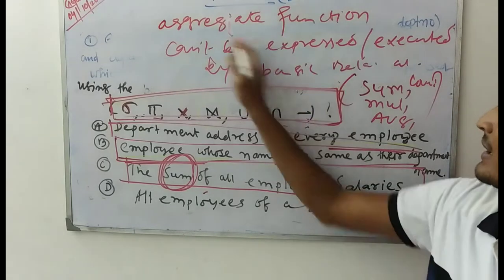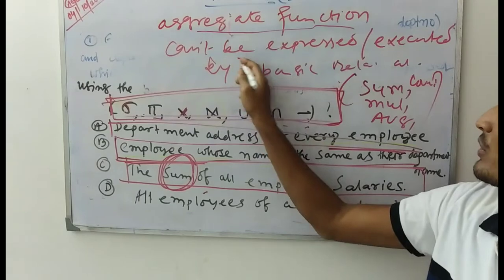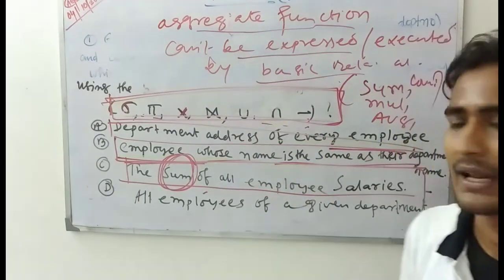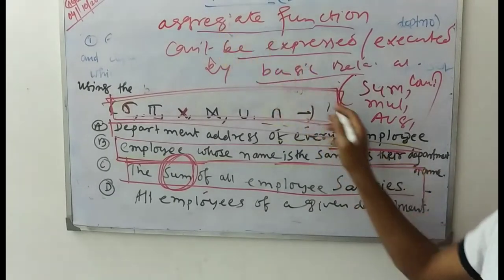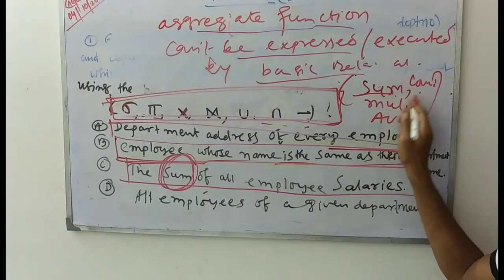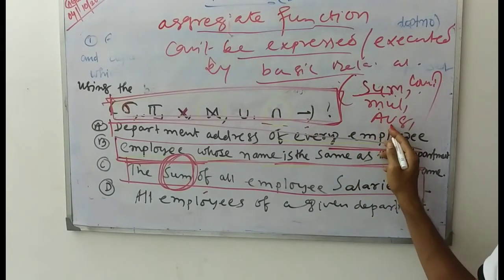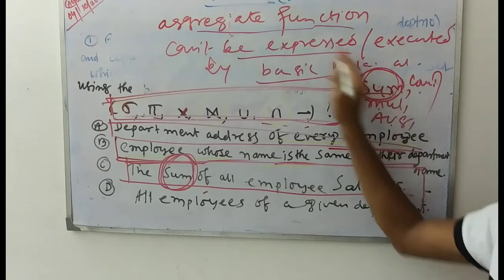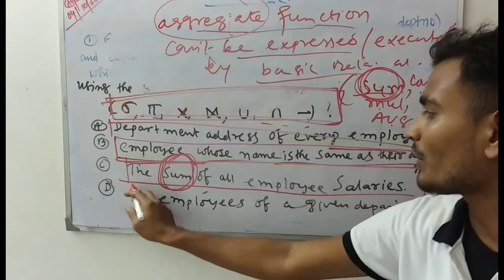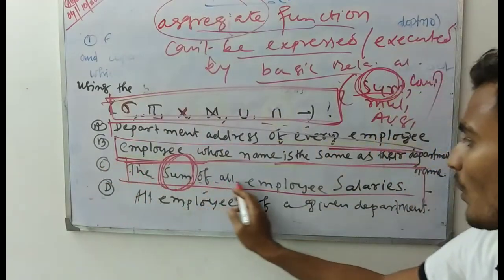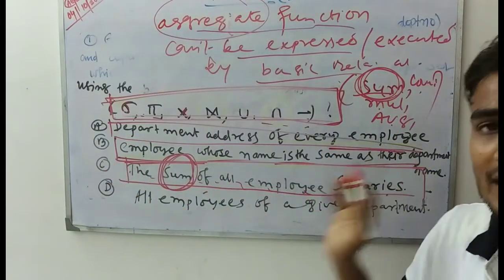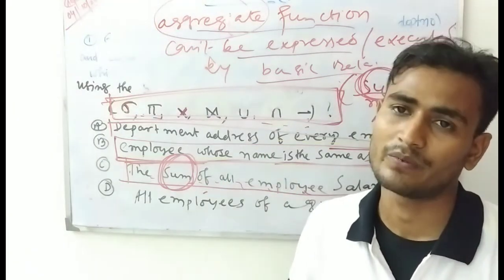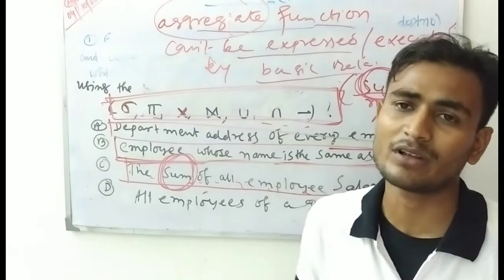Aggregate functions cannot be expressed by the basic relational algebra operations, and they include sum, count, multiply, and average. So the sum of all employee salaries cannot be executed with the help of basic relational algebra operations.